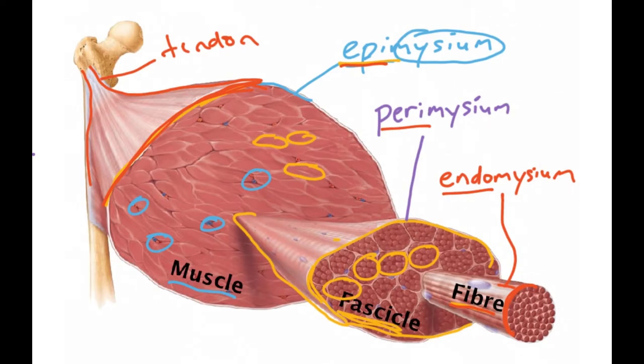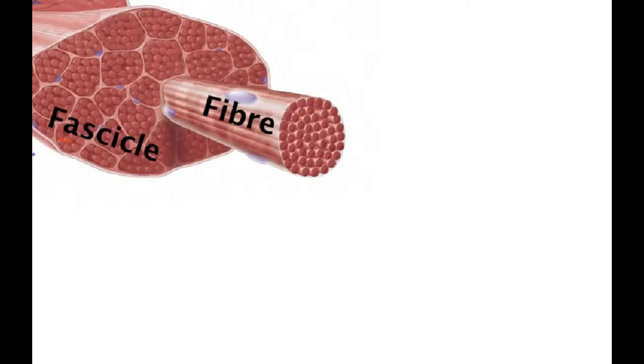So I'd like to zoom in now. Again, here's a fascicle. Here's one of these muscle cells or muscle fibers. And what I want you to notice is that there's additional organization at the level of the muscle cell. This whole thing is the cell. And you see that there's more to it than what I've just described.